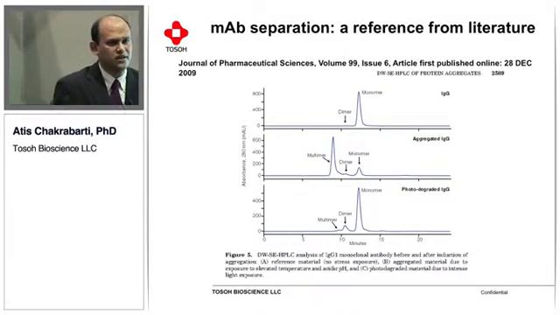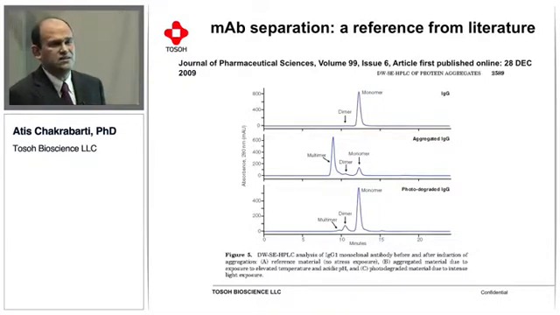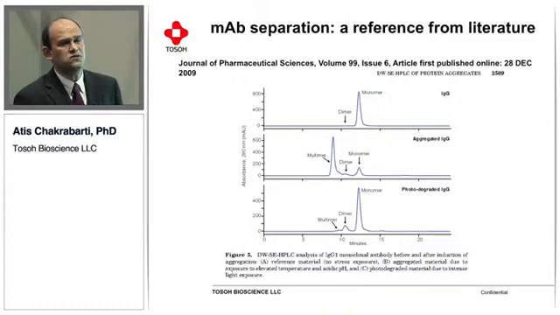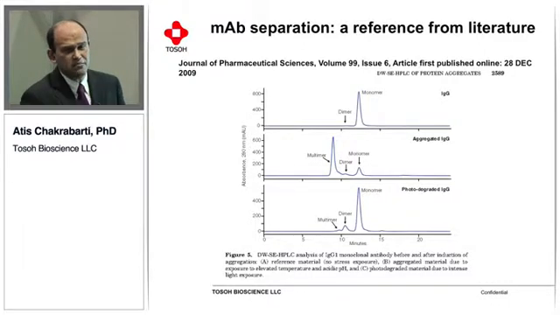There are so many ways you can induce aggregation. The bottom line of this article is that you can use the TSK gel G3000 SWXL column to separate the monomer from the dimer and the multimers.